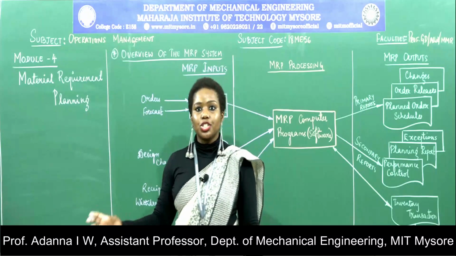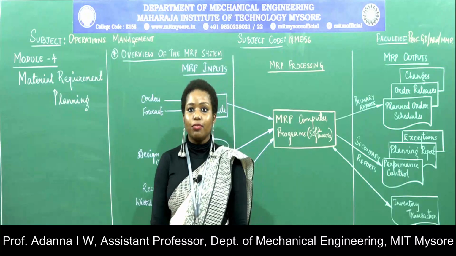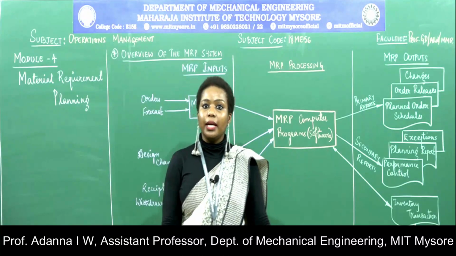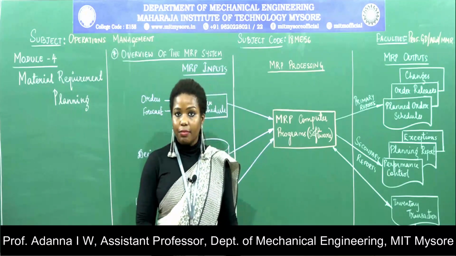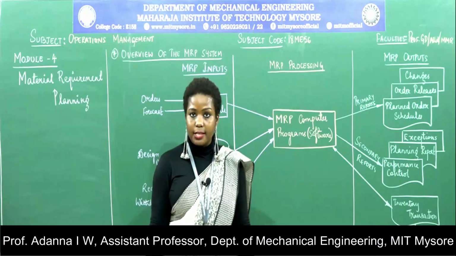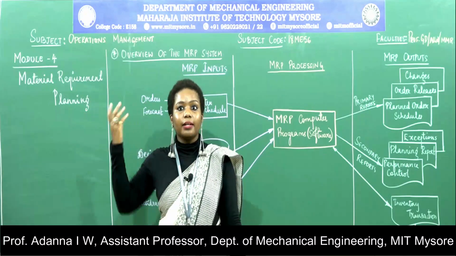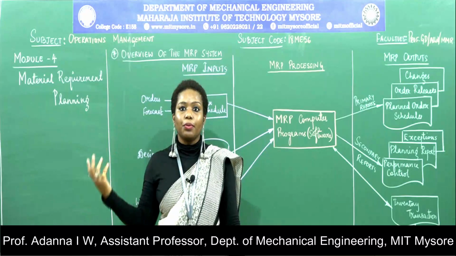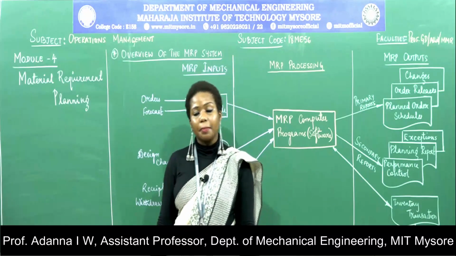Now exactly what is this MRP doing? The master production schedule tells us how much of the final goods are required. What is the final level of goods and services that are required to be given? Now when this is decided and given to us through the MPS, the MRP tries to break down whatever assemblies, sub-assemblies and components are required for the final component in the MPS.